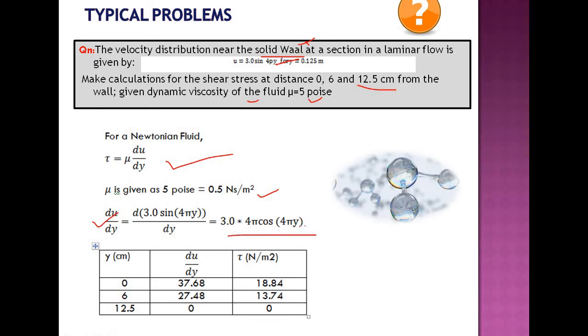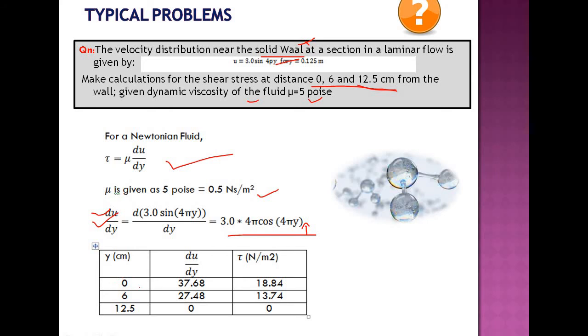So it takes different values of y here. y is the only variable here. So for different values of y, you will get different values of velocity gradient. So what are the values of y? y means distance from the solid edge: 0 centimeter, 6 centimeter, 12.5 centimeter. Here y is to be substituted in meters.